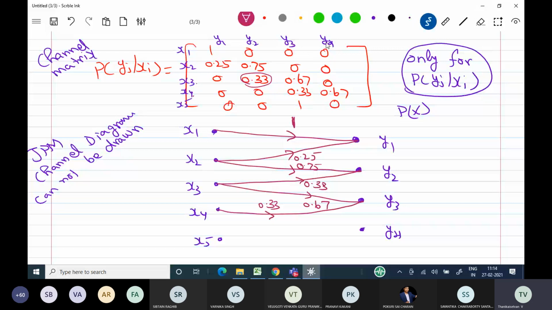Next, y4 and x4 are connected, and the corresponding probability is 0.67. Now the last one, x5 and y3 are connected.